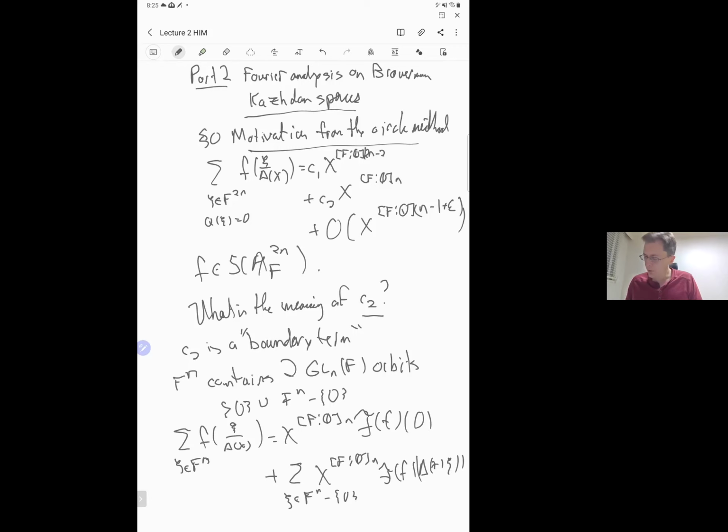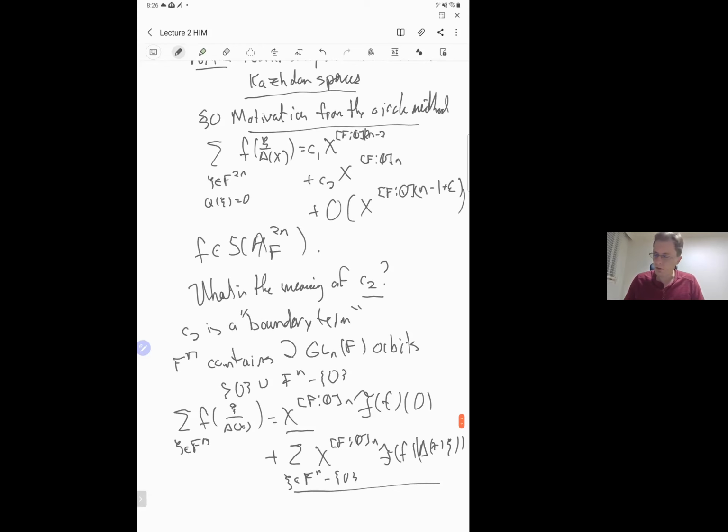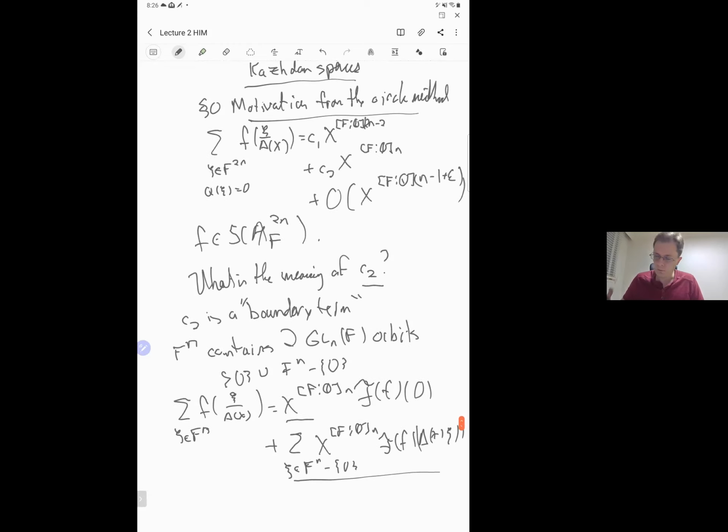As we all know, if there's nothing else messing with it, the terms that I've written here are not going to contribute as much because they're rapidly decreasing as a function of x, and this term is the main term. So the moral is that the boundary term gives you the main term, and the terms that are some open orbit don't contribute as much.